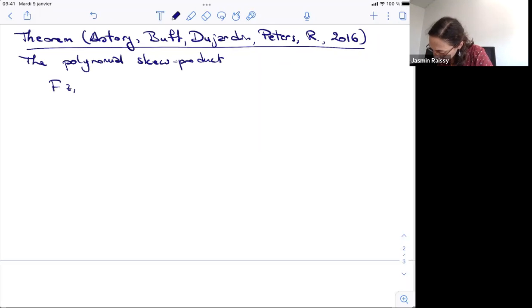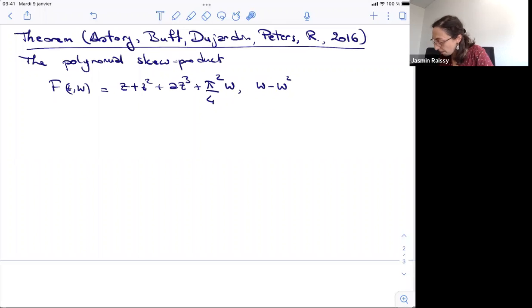f(z,w) equals z plus z squared plus a z cubed plus pi squared over 4 w minus w squared. And now, since I want them to have the same degree, let me add whatever, 1,000, 1 over 100, as you wish.